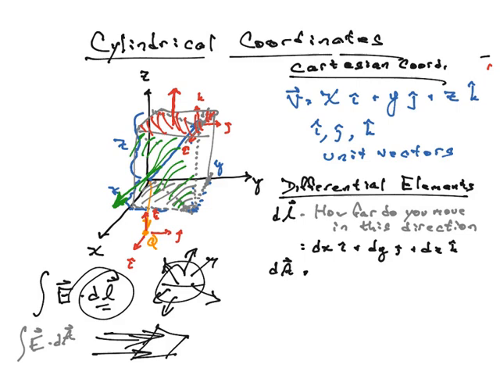So how do we define the differential area? Well, in the x direction, so in the i hat direction, the area is going to be the other two directions, right? Because the direction of the area is defined as perpendicular to the plane of the surface. So if this is the x direction part of the area, then I need how much of the area is y and z. So it's dy dz in the x direction.